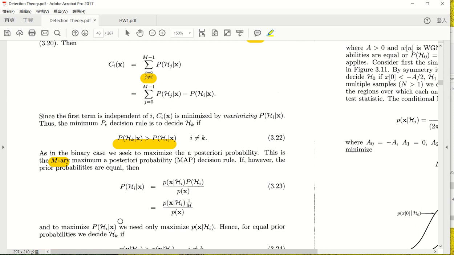M-ary meaning that you have M hypotheses. Then maximum, which is understandable. A posteriori. A posteriori means that after observation. Prior means before observation, a posteriori means after observation.